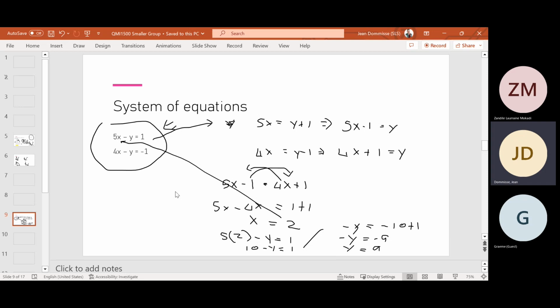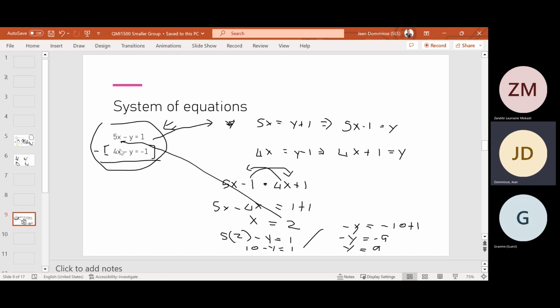Another way, all depending on how your variables look, but what I normally like to do is say, okay, let's subtract this formula from the top one, and let's see if anything weird pops out.